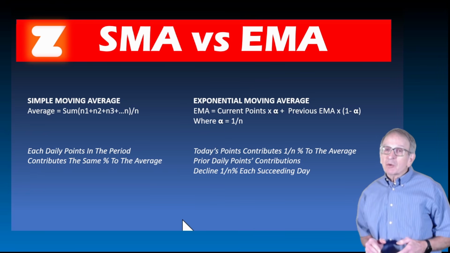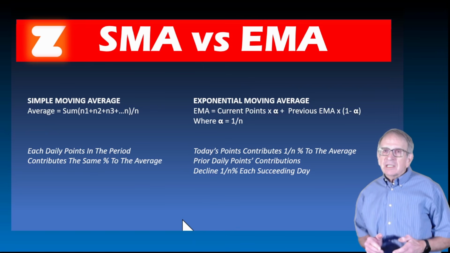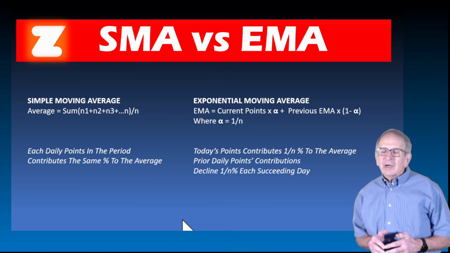A reminder, the equation for EMA is EMA equals the current value times alpha plus the previous EMA times 1 minus alpha, where alpha equals 1 over the number of days. Now, in the EMA calculation, the current value contributes the value times alpha.